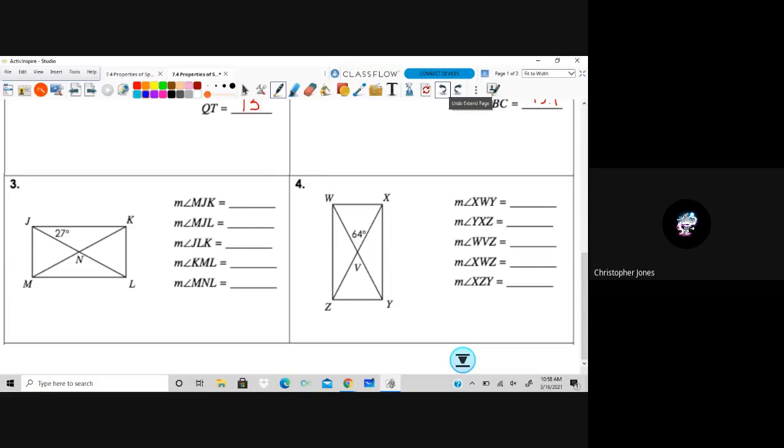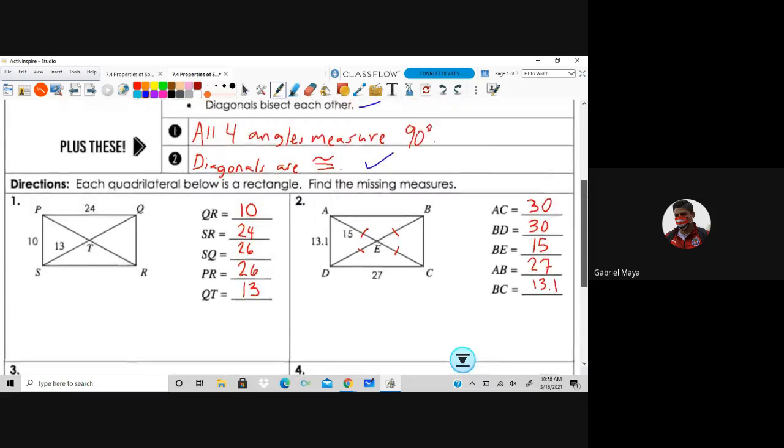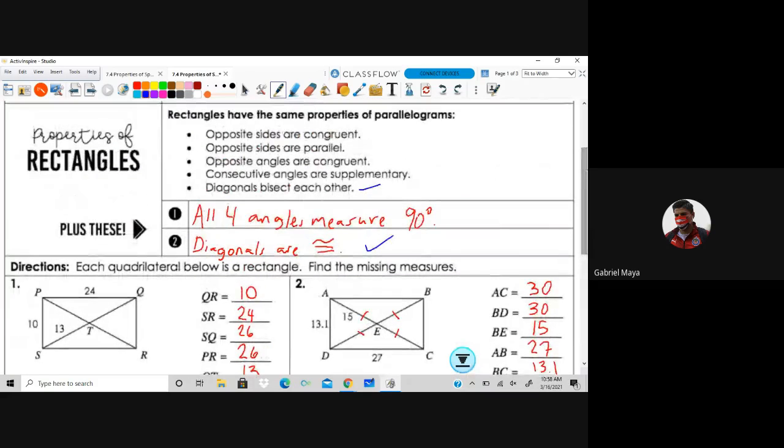I'm assuming that's 90 degrees. Why do you assume that's 90 degrees? Because it looks like a right angle. So don't go off of what it looks like, but always remember what it says right here. You are correct.